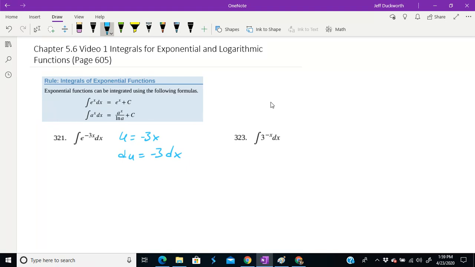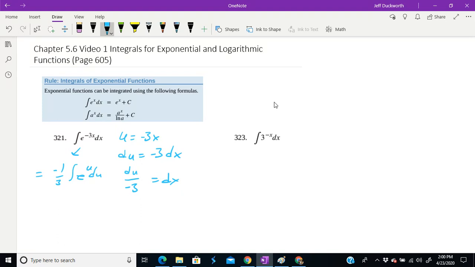We don't have a negative 3, so we're going to have to let our dx equal du over negative 3. So this then becomes negative 1/3 integral of e to the u du, which we can easily do.